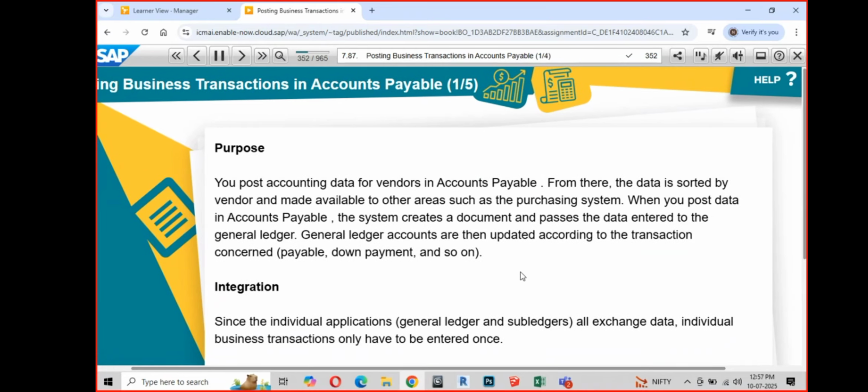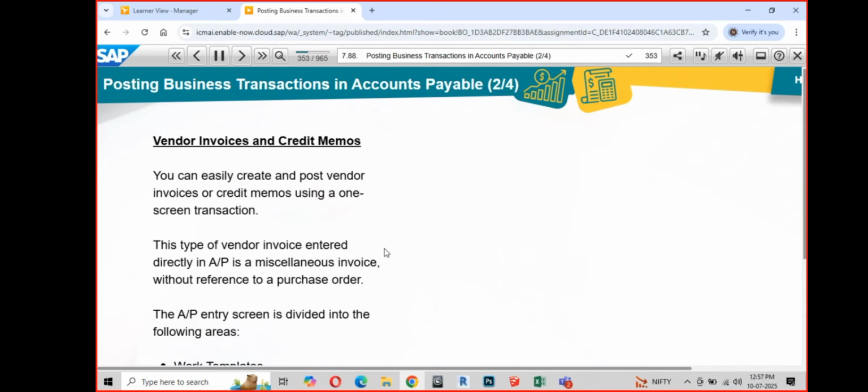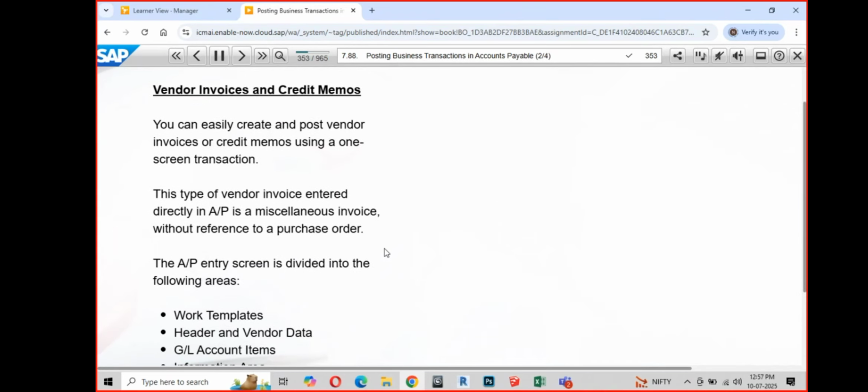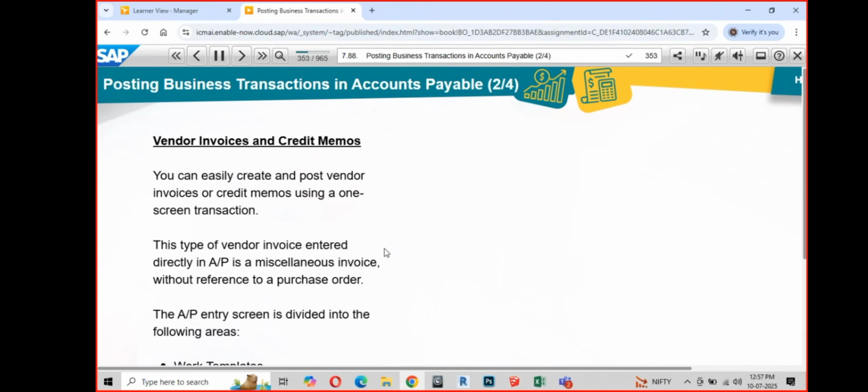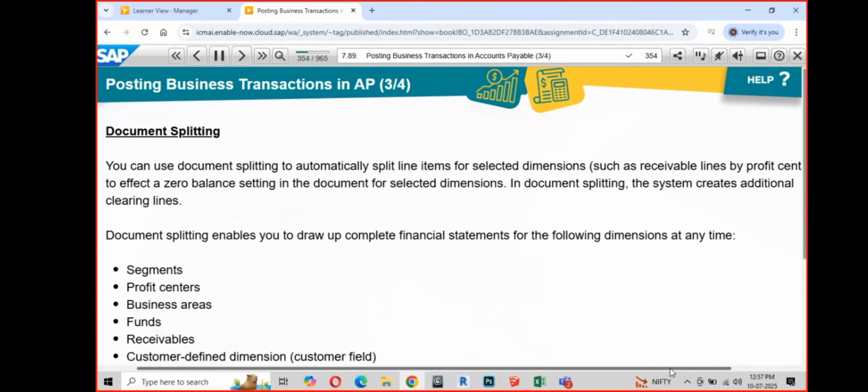Any other concept which I need to let you know? So he's talking about the transactions in AP. Let us not bother too much on this. Okay, I'll come back to this concept. I will make note of this slide because this concept is typical, it is there in ECC also.